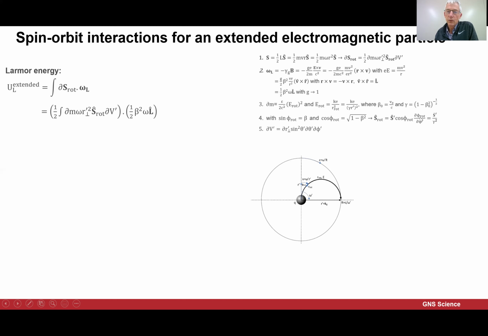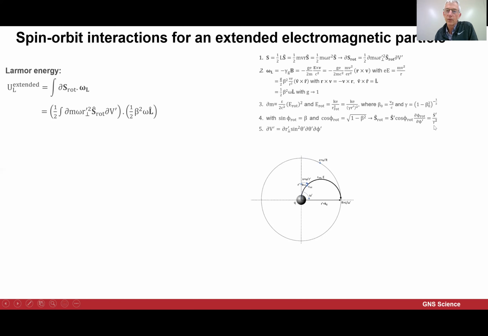And then we also include the angular element in the rotating frame divided by the angular element in the lab frame, and that gives another factor of 1 over gamma. And so the spin element in the rotating frame is given by the spin element in the lab frame divided by gamma squared.